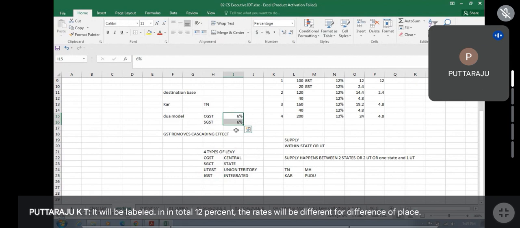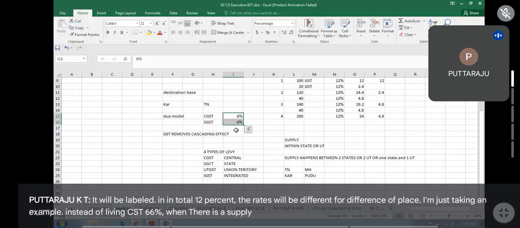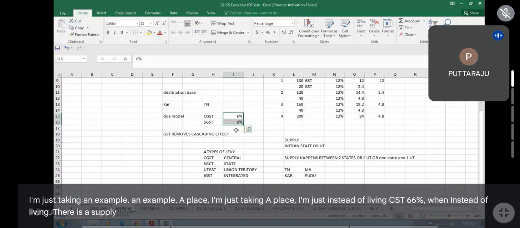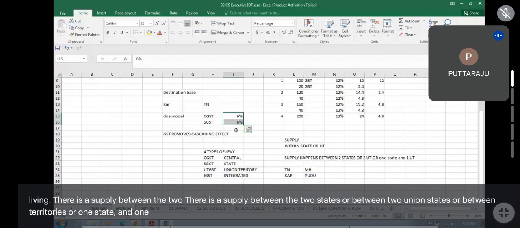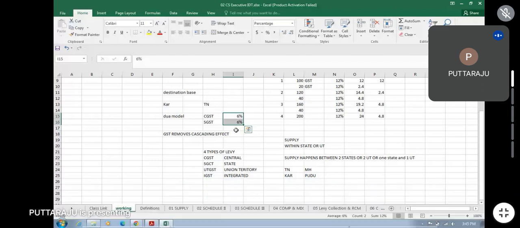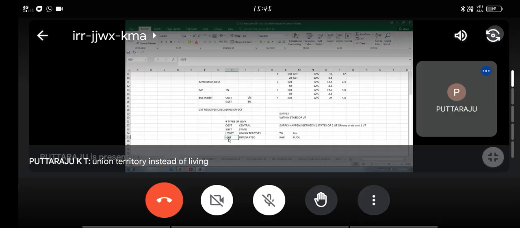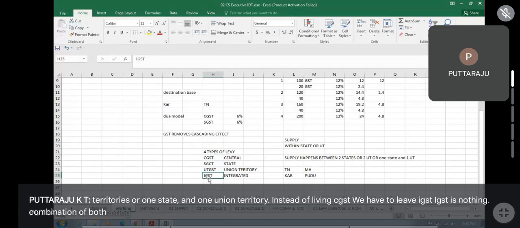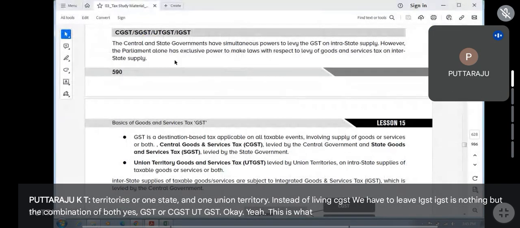I'm just taking an example, when there is supply between two states or between two units or one state and one unit.